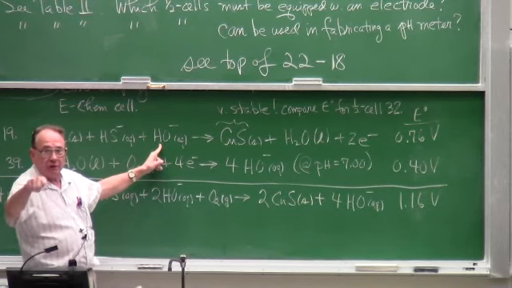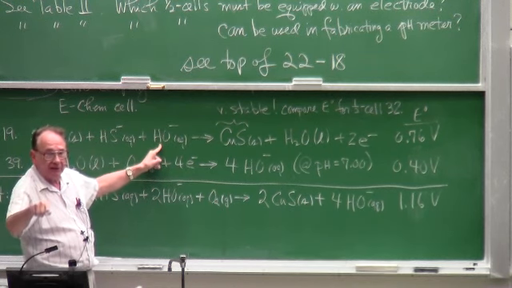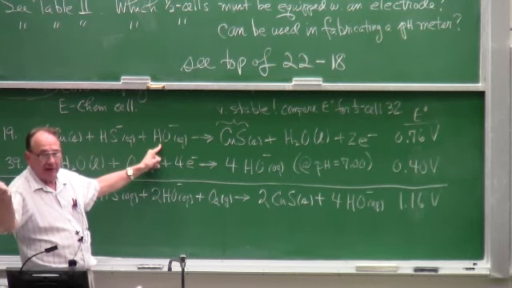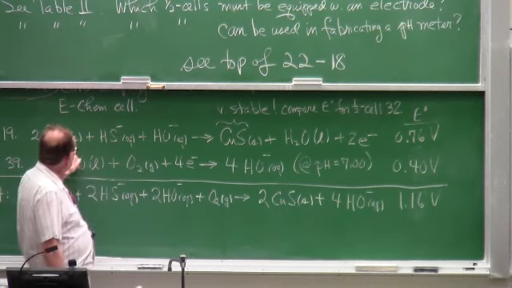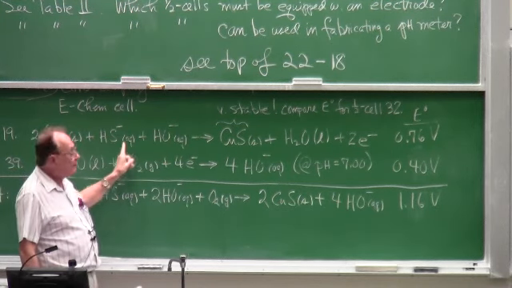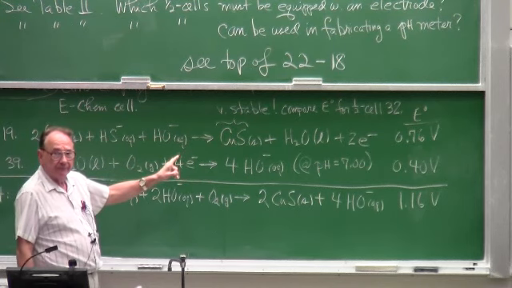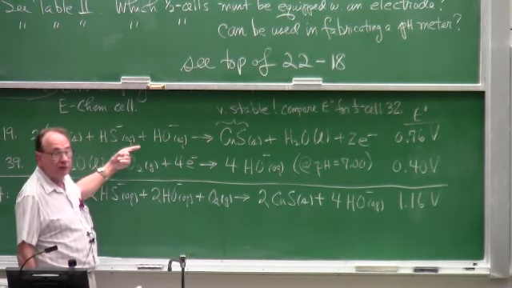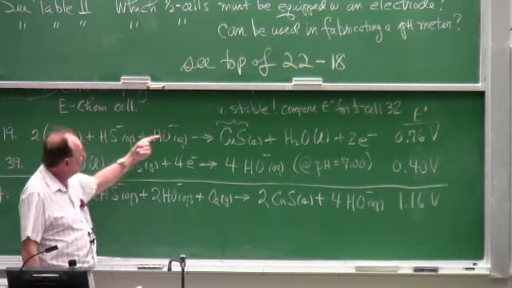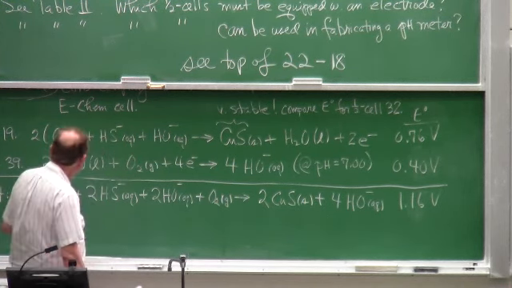Is copper a stronger reducer under basic conditions or acidic conditions? We've already answered this, but now put it to use. If I oxidize copper in the presence of H2S and make copper sulfide, versus what we have here, we're oxidizing copper in the presence of hydrogen sulfide ion, not H2S, and making copper sulfide.